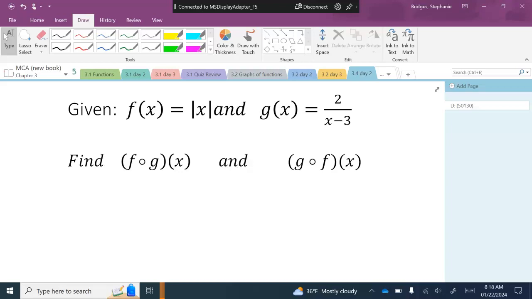While you're working, question, does the absolute value give you a restriction? Have we ever talked about absolute value giving us a restriction? No, we just talked about fractions and we talked about radicals. So the absolute value of x does not give me any restrictions. I can put any real number in and get any real number out.